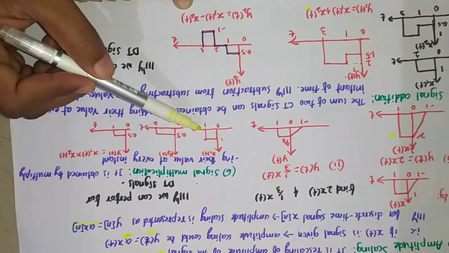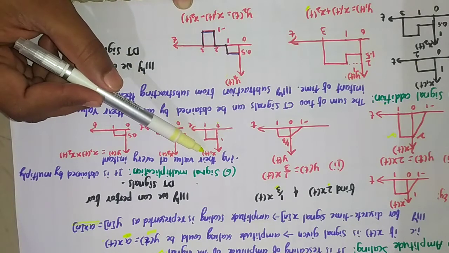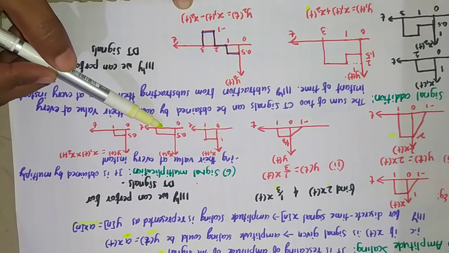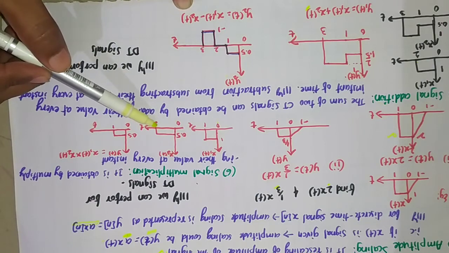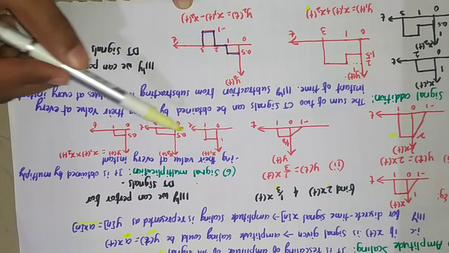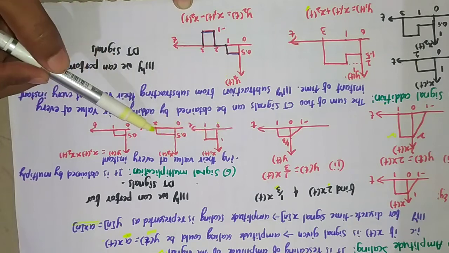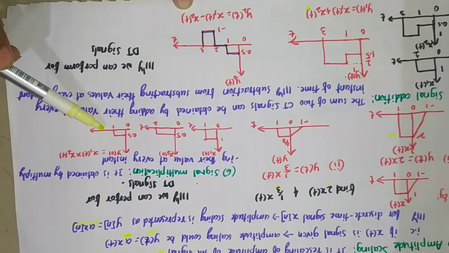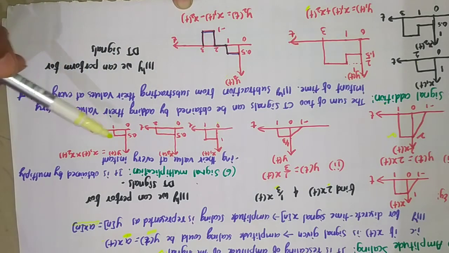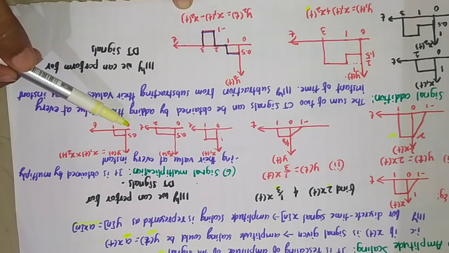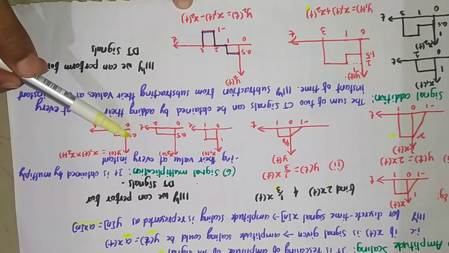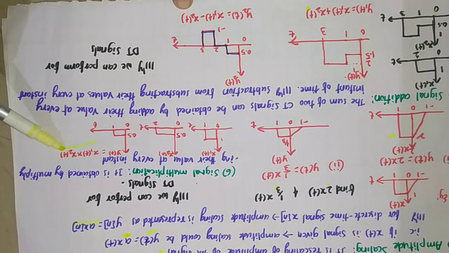After that from 1 to 2 your x1 of t is 0, but x2 of t is 0.5. When you multiply them, because of this 0 the amplitude also becomes 0. So y of t exists only between 0 and 1 with amplitude 0.5. This is the answer.